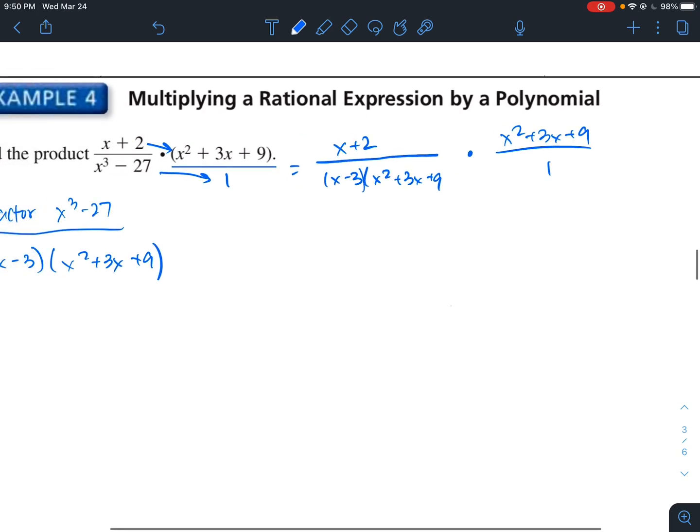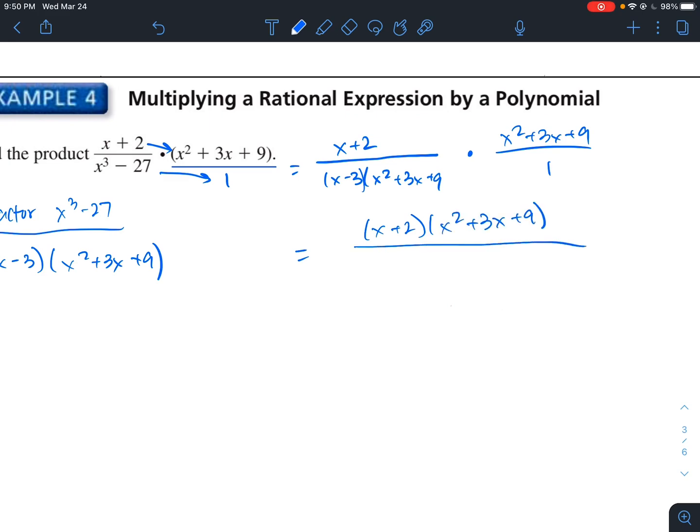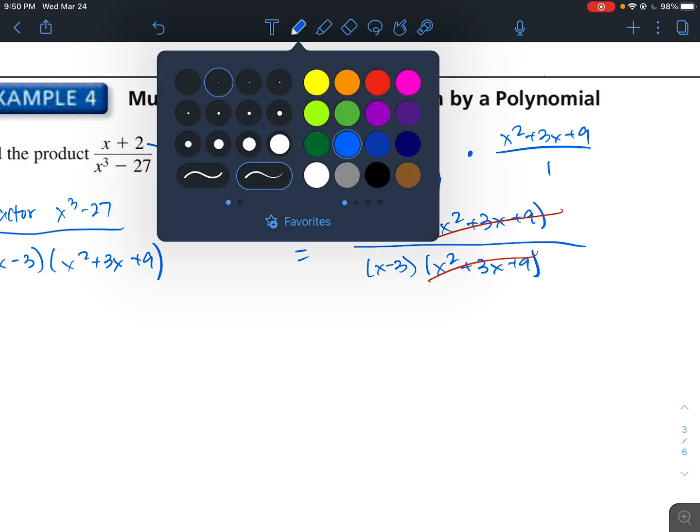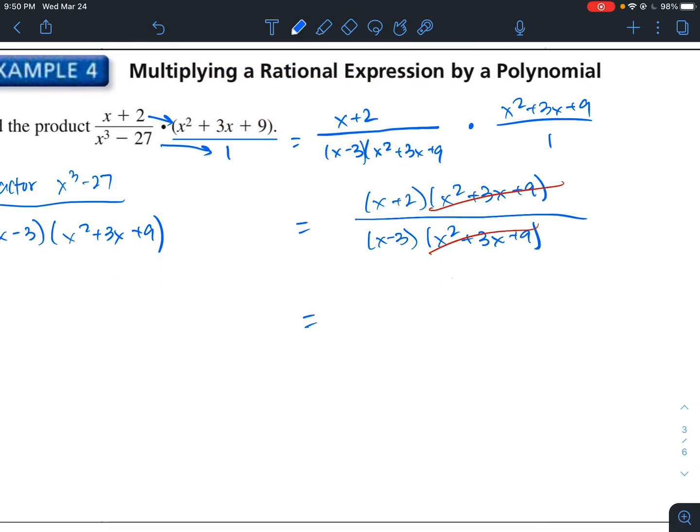And then when I multiply them together I get x plus 2 times by x squared plus 3x plus 9 divided by x minus 3 times by x squared plus 3x plus 9. So what that means is these will cancel because those are the same factors. So I'd be left with x plus 2 over x minus 3. And that would be its simplest form.